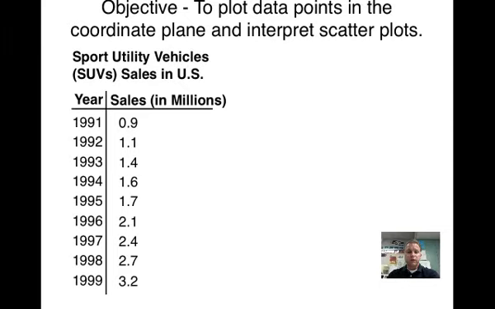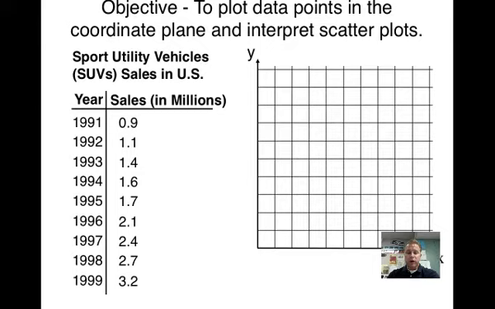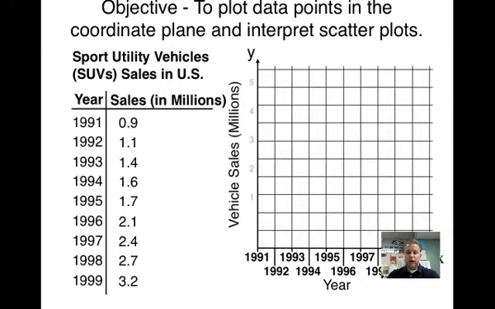So here's some information from some type of source, and it's giving us the years that SUVs were sold and how many were sold each year. To the right we have a graph, and we're going to plot those points. At the bottom we're going to put the years, and on the vertical axis, the up and down axis, we're going to put the number of vehicles sold.